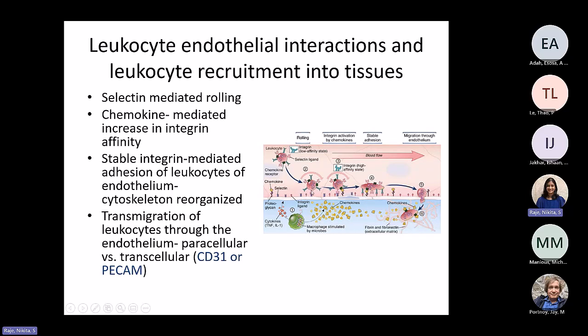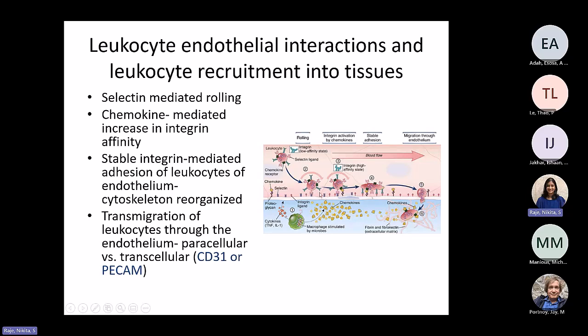As they move there, because of these messages that they get, they start to express the selectin ligands on their surface that can interact with selectins that are present on the endothelial wall. As they interact with those selectins, they start rolling. So they slow down and start rolling because they interact with selectin ligands.